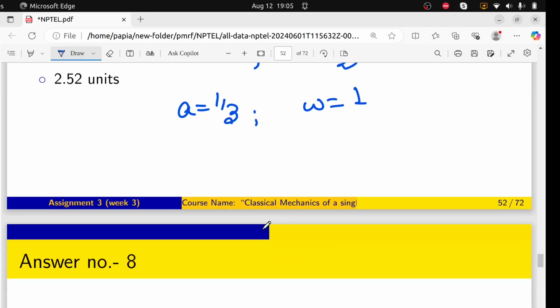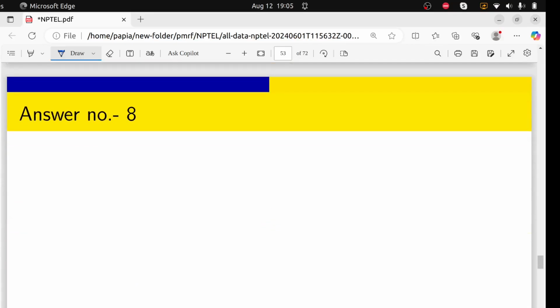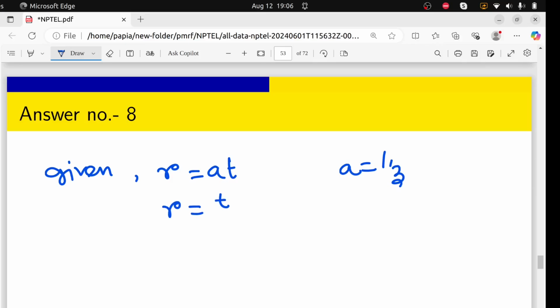So what we will do? Given r equals a theta and a is 1 by 3. Right? So if a equals 1 by 3, then I can directly write r equals theta by 3.